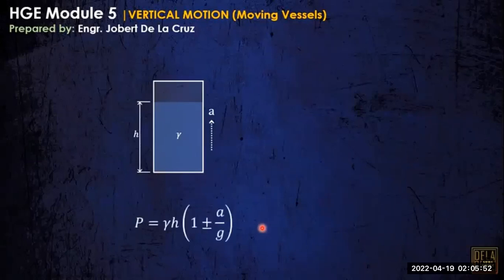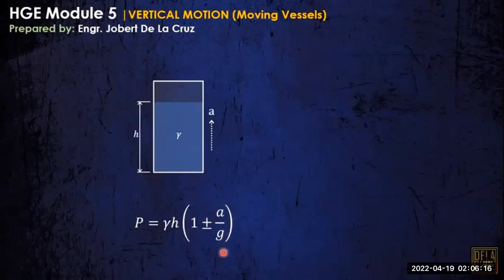And it will be given by this formula. Okay, try to imagine this one. If this vessel doesn't move, then the pressure at the bottom is gamma height lang, no? The gamma of the liquid times its height or depth, no? This one. Now, because of that movement, may reverse effective force tayo, kaya may additional factor dito.